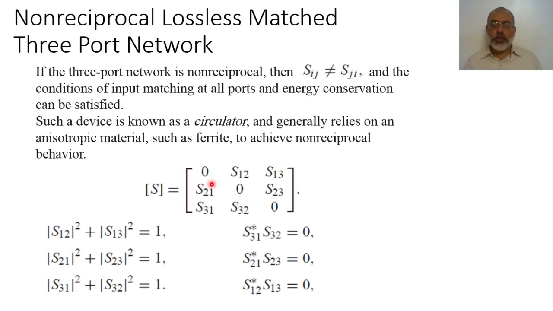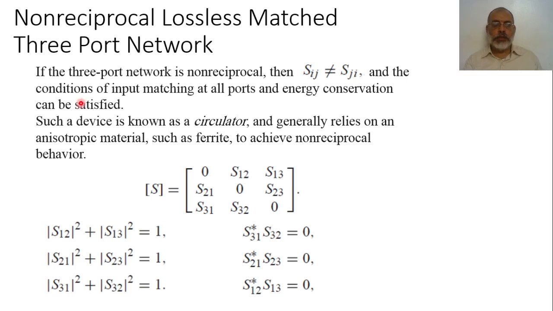This is the energy conversion. So if the three-port network is non-reciprocal, then Sij doesn't equal Sji, and the conditions for the input matching at all ports and energy conversion can be satisfied.